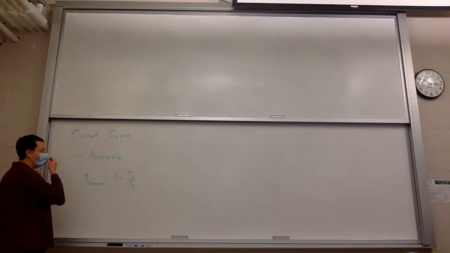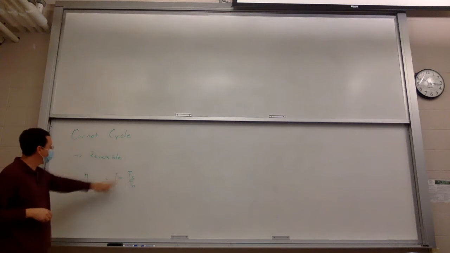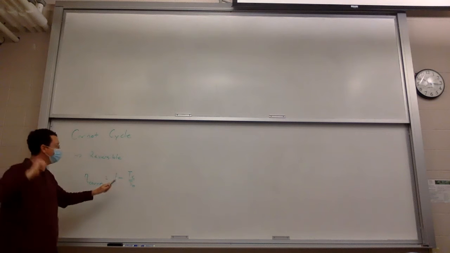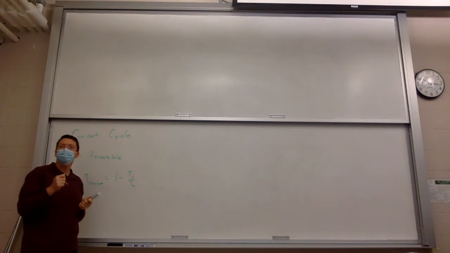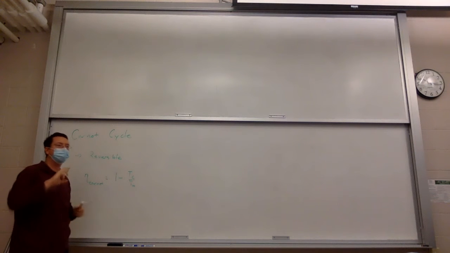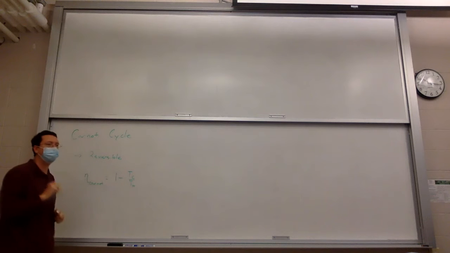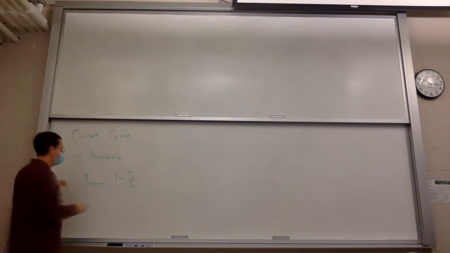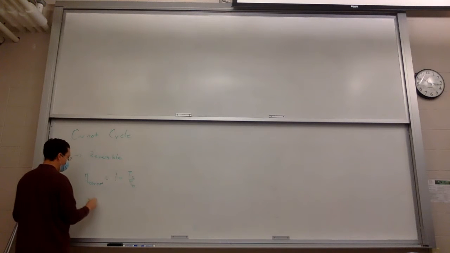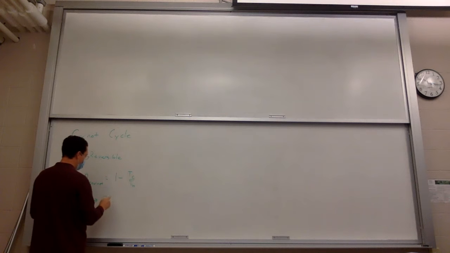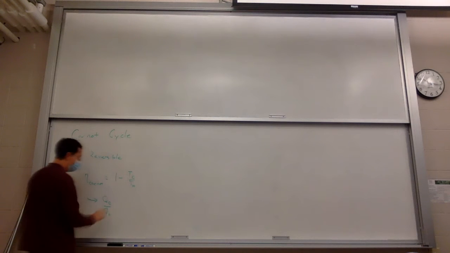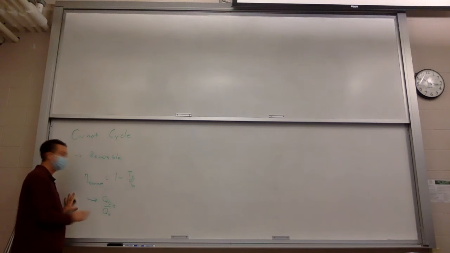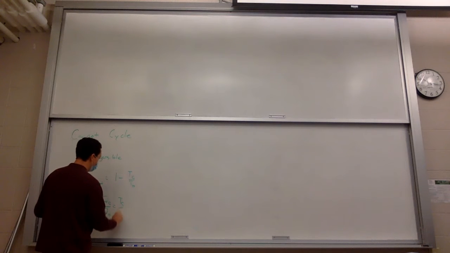The important way I wrote it, though, this is fine for efficiencies, but mostly I don't really care about that. Instead, I want to think about heats. So what was the key point? Rephrase this in terms of heat. The ratio of the heats is what? Qc over Qh equals Tc over Th.